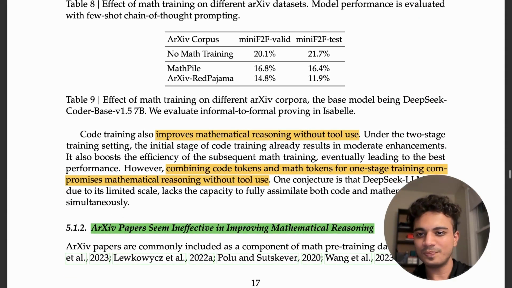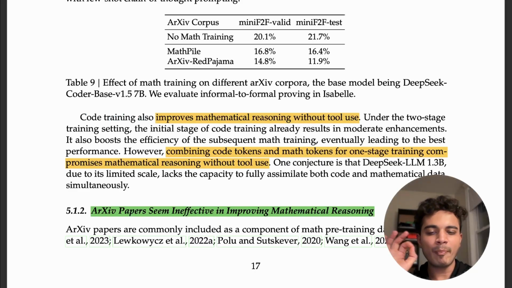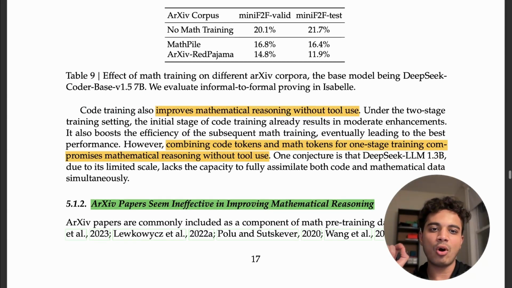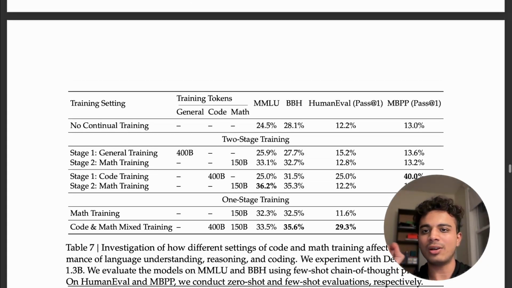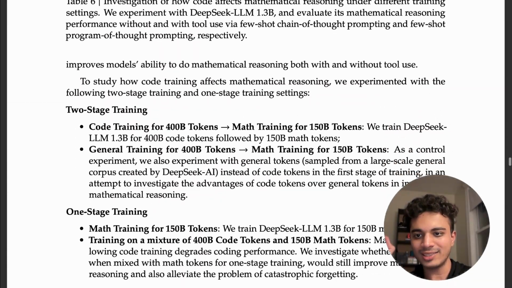Right. So code training also improves mathematical reasoning without tool use. Fine. So this is where we get our answer. Another two-stage training setting. However, combining code tokens and math tokens for one-stage training. Of course, wait, I skipped a few things. I skipped this part.